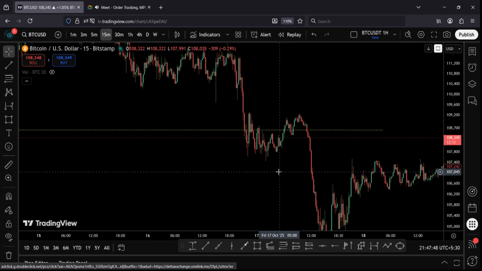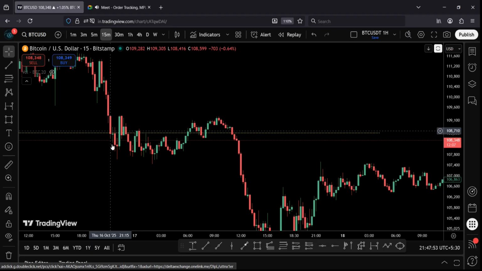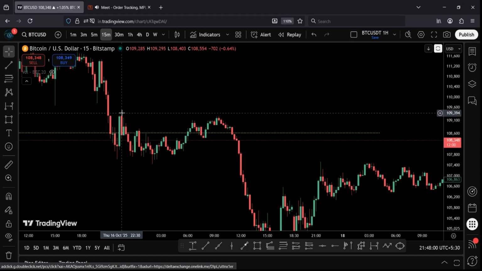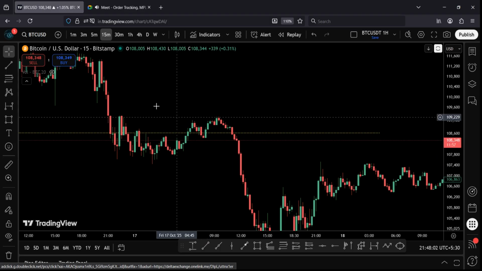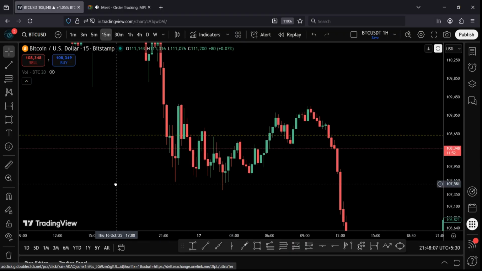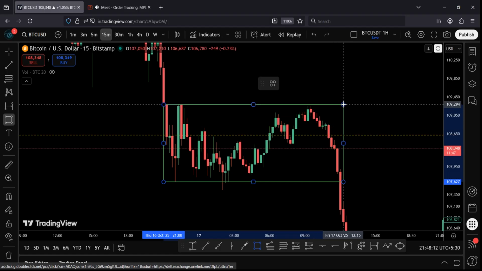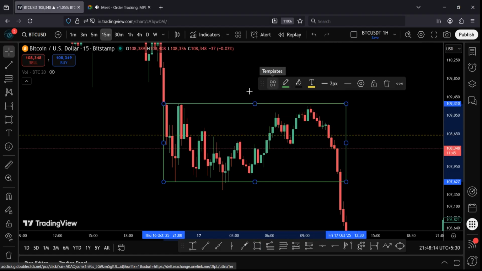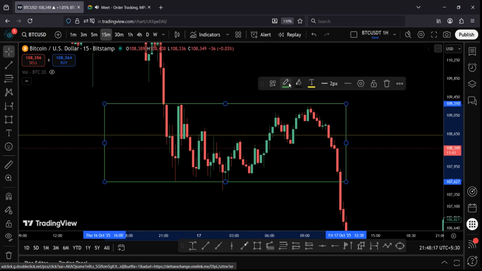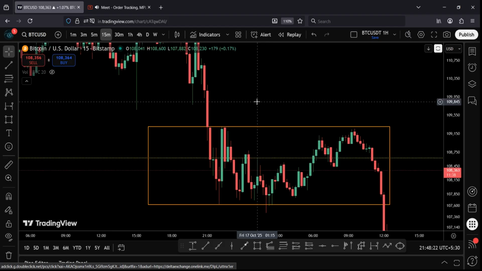Okay, price came here, crossed this, pulled back, made minor FTR, goes down, goes up again, made major FTR. So what will be our zone? Our zone will be this. Okay, what has happened here?